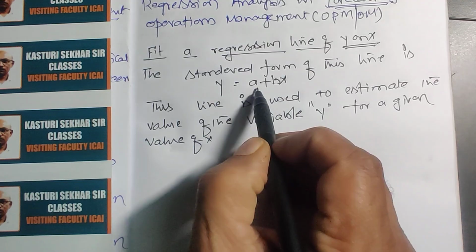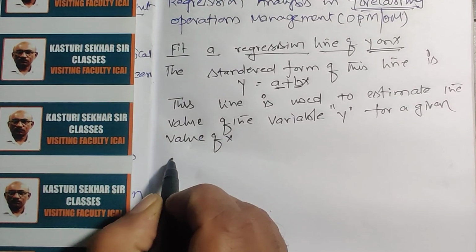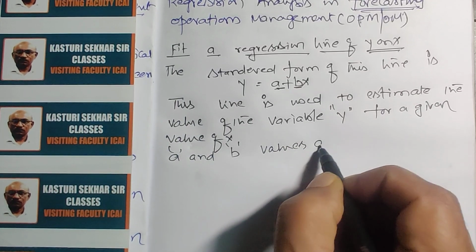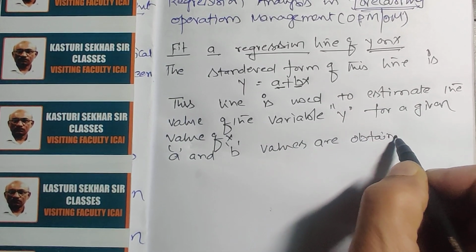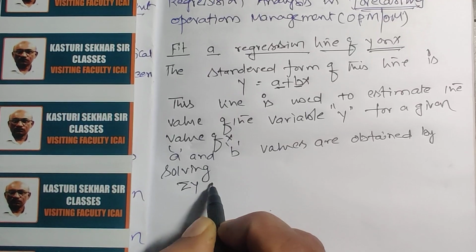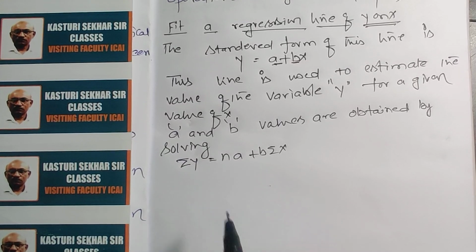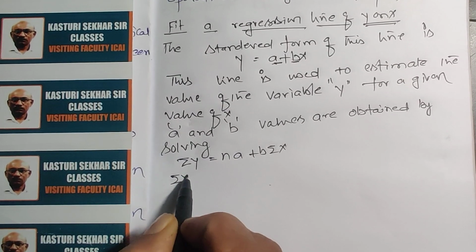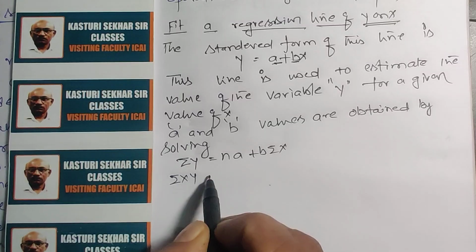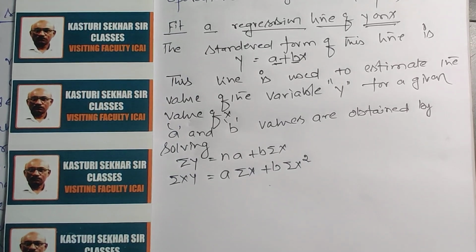Now I want the values of a and b here. The values of a and b are obtained by solving: summation of y = na + b summation of x, and summation of xy = a summation of x + b summation of x square.